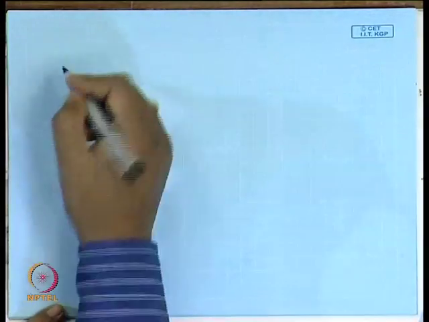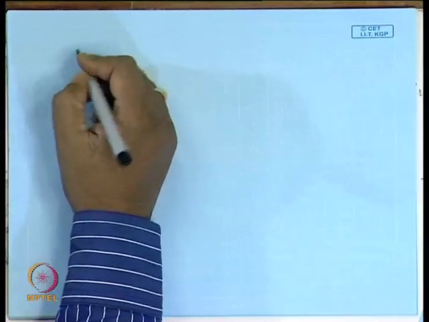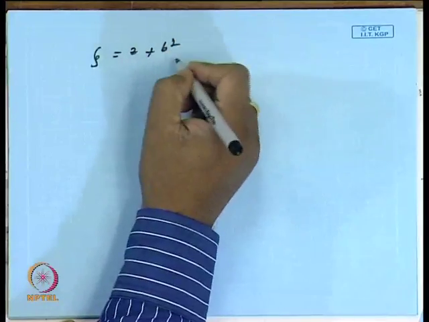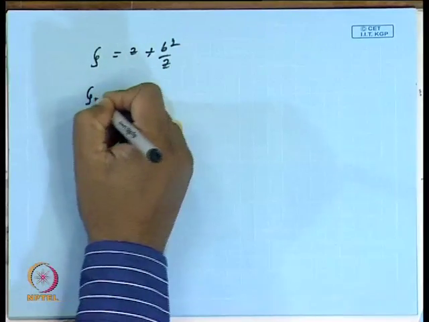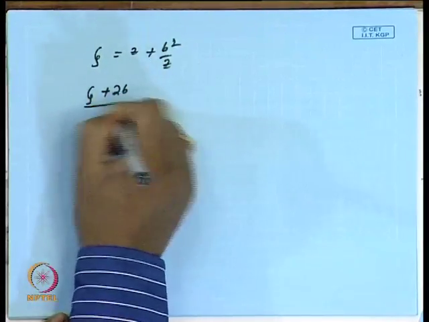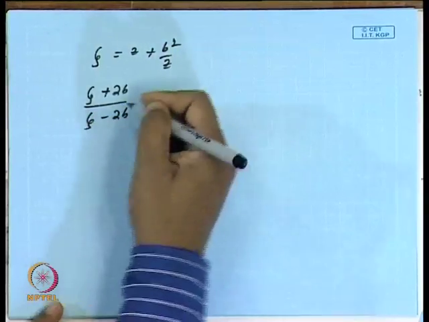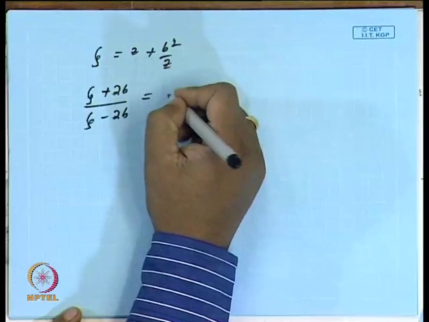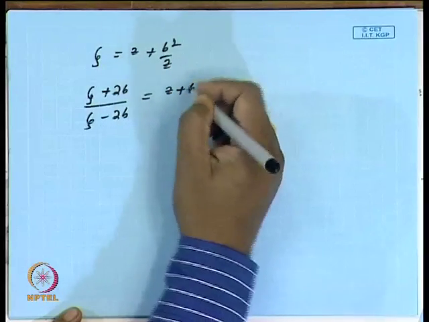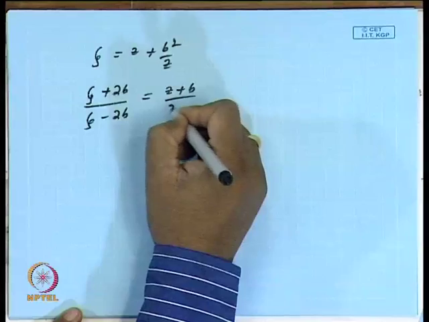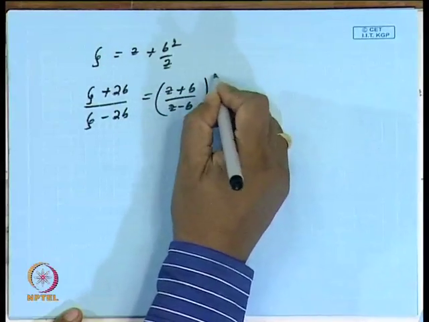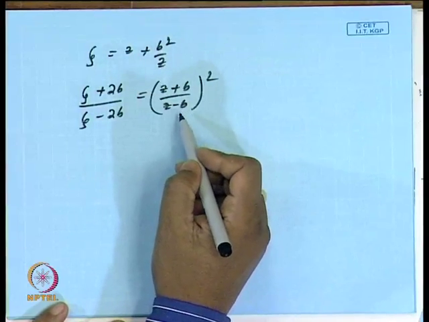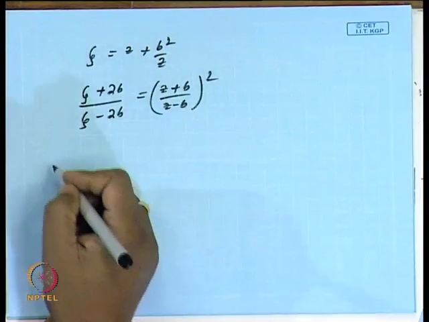Now, we have already seen zeta is equal to z plus b square by z. It can be easily seen that zeta plus 2b by zeta minus 2b can be written, if you substitute zeta is z plus b square by z, as z plus b by z minus b whole square. So this itself shows that.